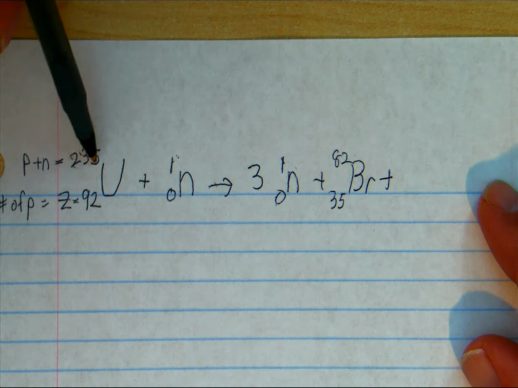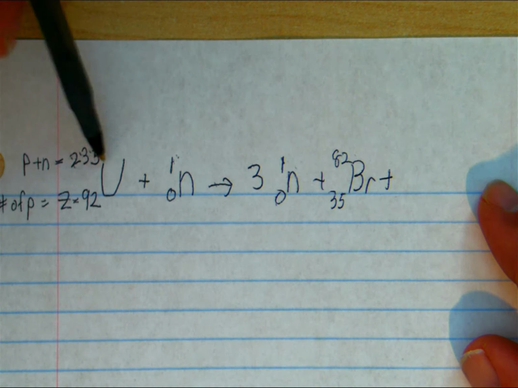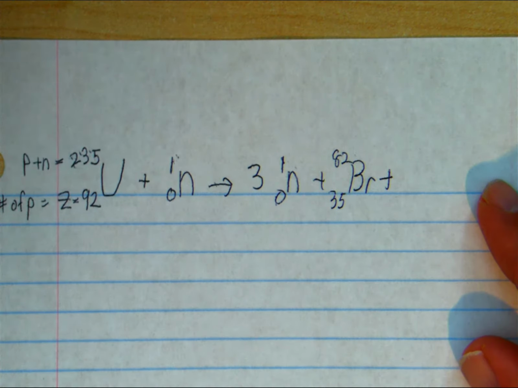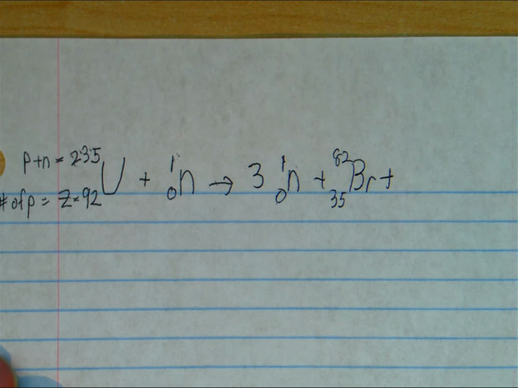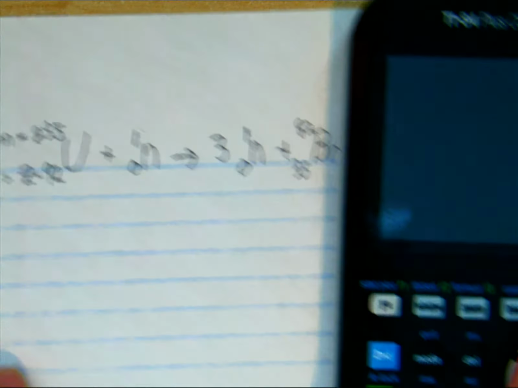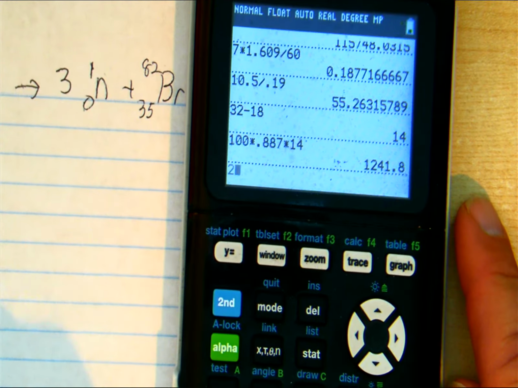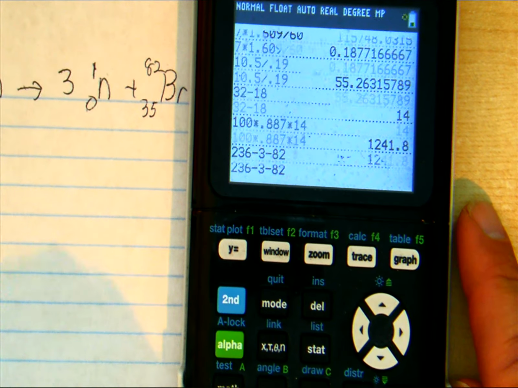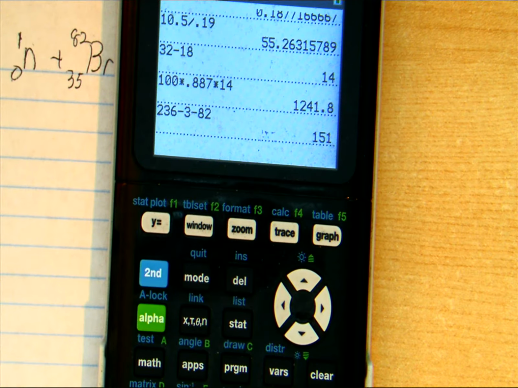It's 235 plus 1, which is uranium-236, is equal to 3 plus 82 plus the answer. And it's moments like this where I pull out my calculator and say, well, so what is 236 minus 3 minus 82? And it says 151.